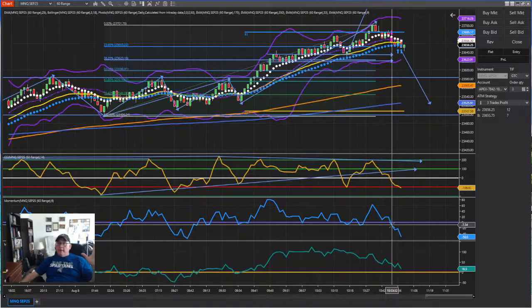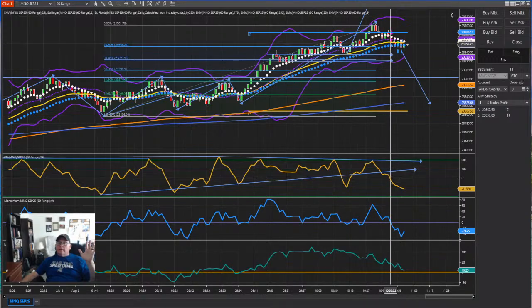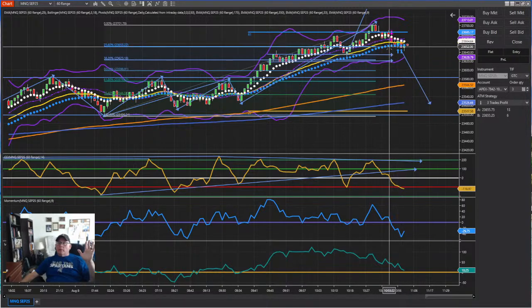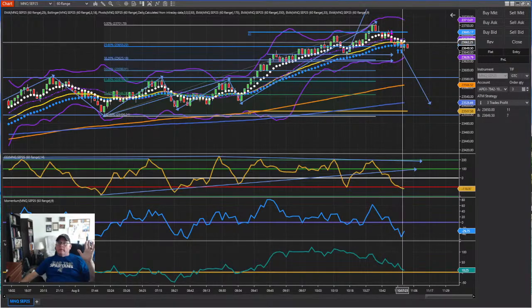My trade management, I'd give myself a C. Ideally, I'd like to have one contract on, using the two that I got the profit on, to be able to hold at least one of two of those.